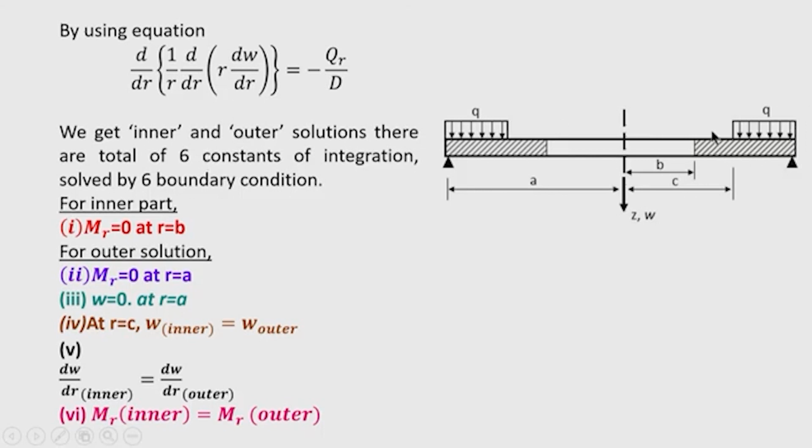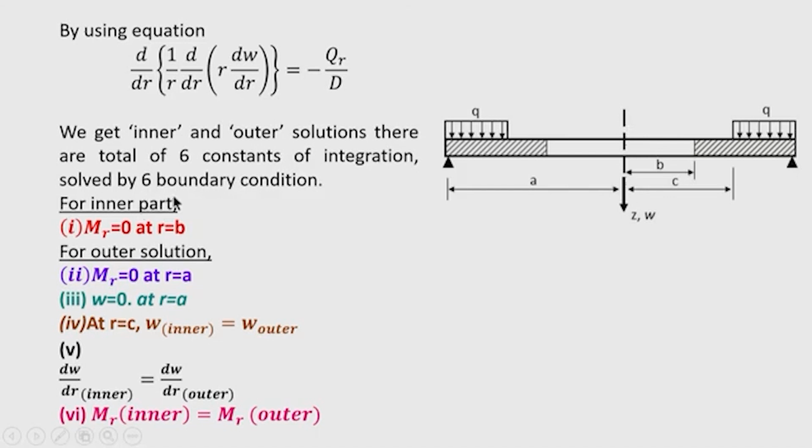In the inner region actually no force is acting, so naturally the right hand side will be 0, but we get 3 constants of integration. So, 3 plus 3, 6 constants of integration have to be known by applying the boundary conditions. We require 6 boundary conditions to know all the constants of integration, and then we can finally know the deflected surface.